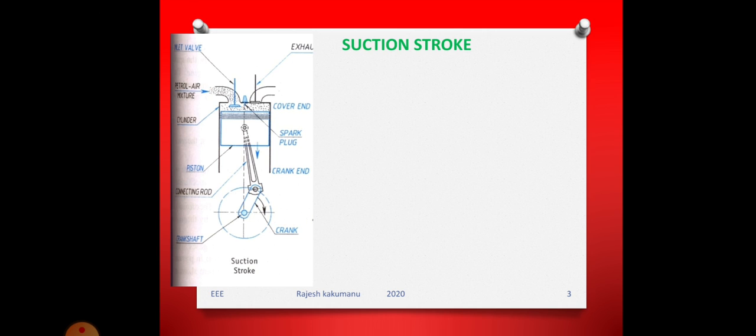What is happening in the suction stroke? The inlet valve is open and the exhaust valve is closed. Why is the inlet valve open? For the entry of the petrol and air mixture into the cylinder.